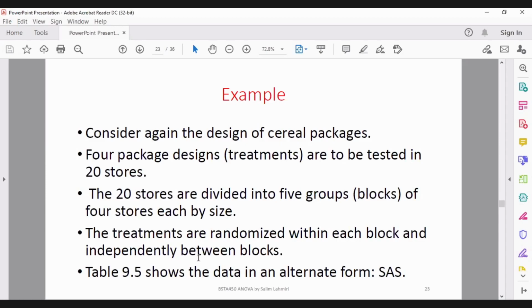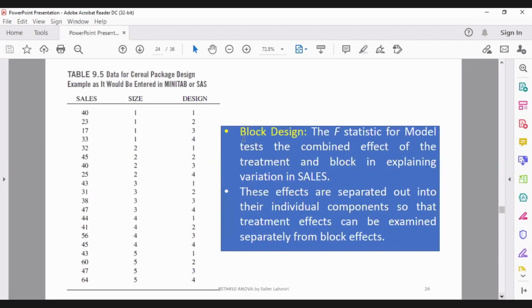So Table 9.5 shows the data in alternate form, SAS. So we got cells, we got size, we got the design, okay?